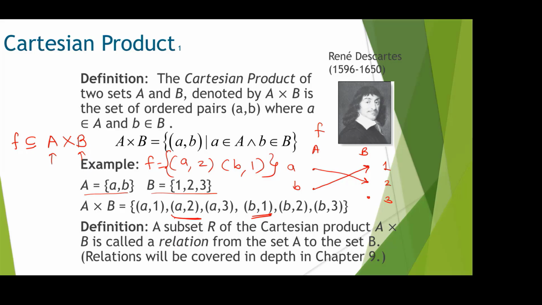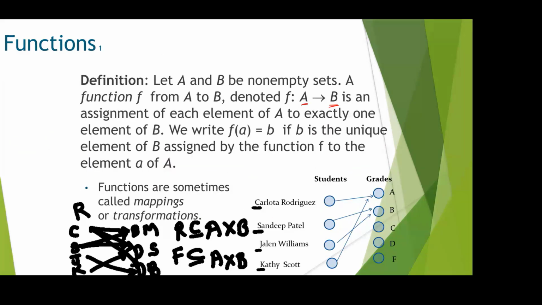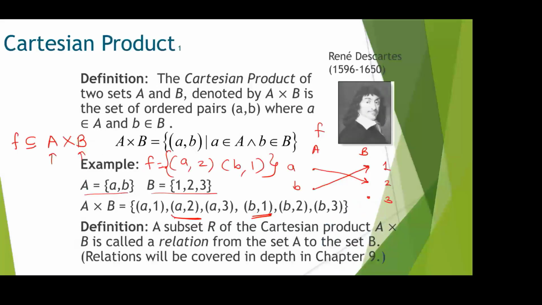We saw Cartesian product, so we will not do it again here. And here comes one restriction. What is that restriction? That a unique element b is assigned to a. Meaning that every time I apply function f on a, I'm going to get 2. In other words, if I have a, the second element will always be 2.